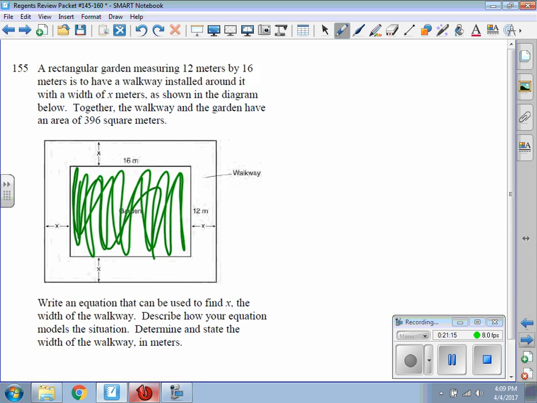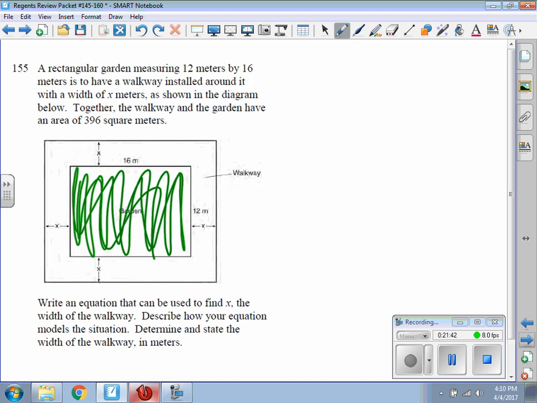And the width of the walkway is x all the way around it. Together, the walkway and the garden have an area of 396 square meters. Write an equation that can be used to find x, the width of the walkway. Describe how your equation models the situation, and determine and state the width of the walkway in meters.